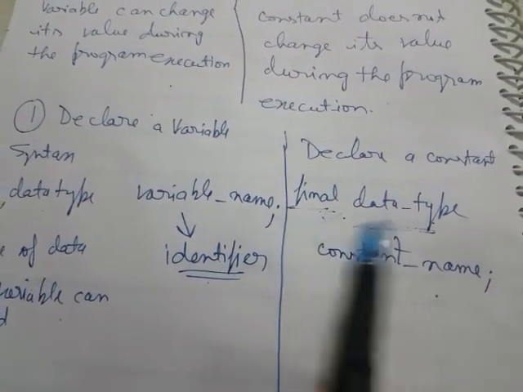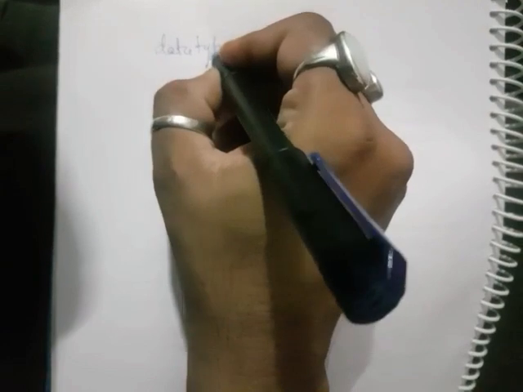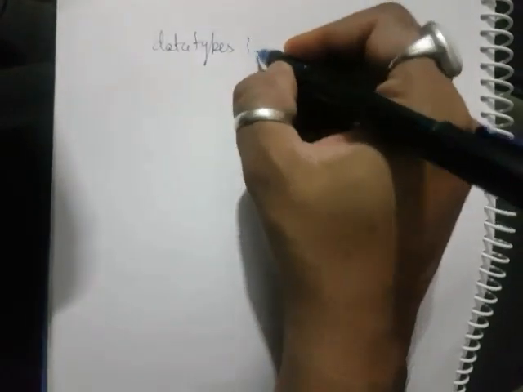A constant. Now students, we know how to declare a variable and a constant. Now we need to discuss the data types in Java.